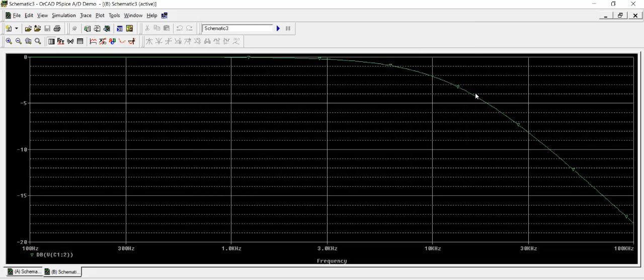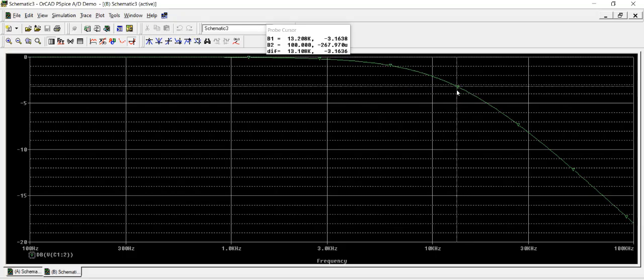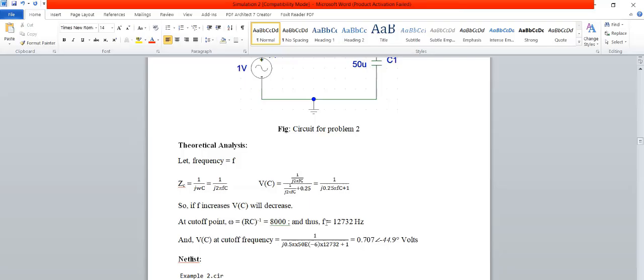Also we know that the decibel is minus 3 at the cutoff frequency, so select the minus 3 point. So this is almost minus 3.0032. At this point our frequency is 12.711. Also this satisfies our cutoff frequency value, so we can say that our circuit is calculated correctly and it is a low pass filter.